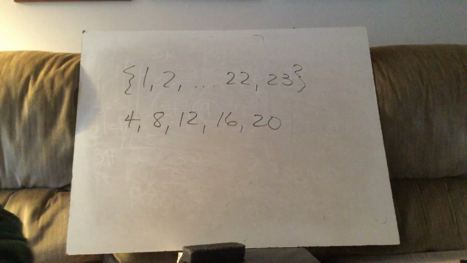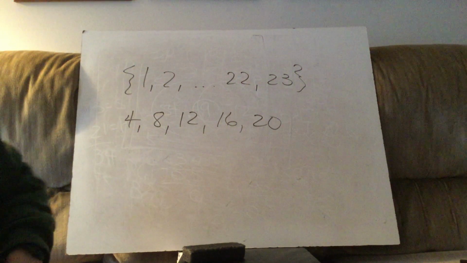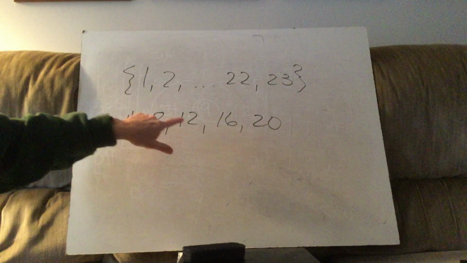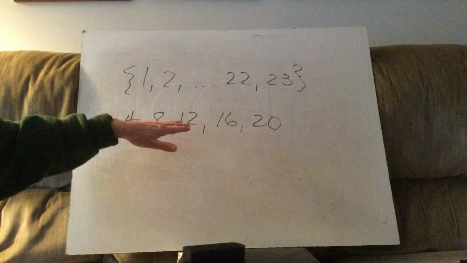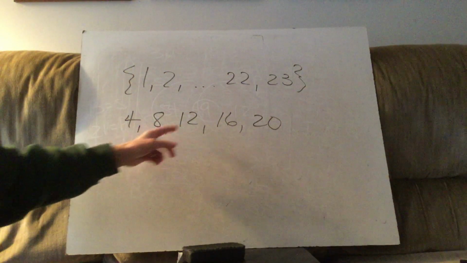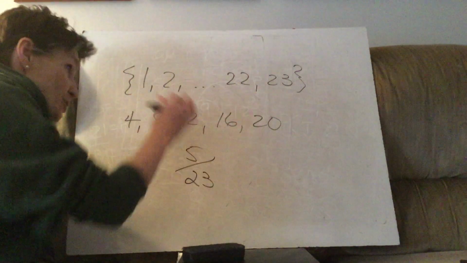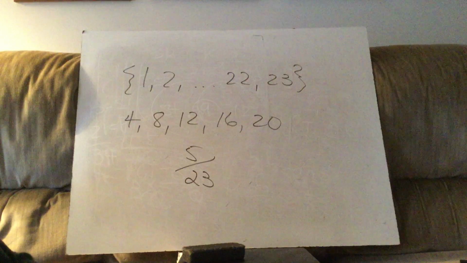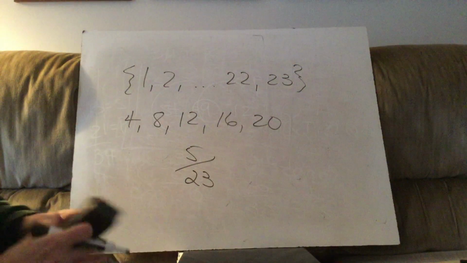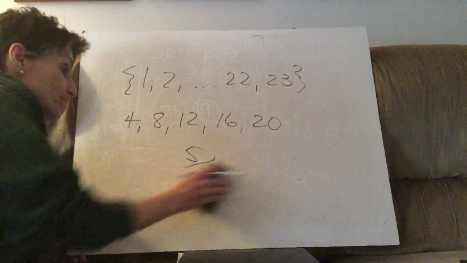Remember, if you're a multiple of 4, it means 4 goes into you evenly. So 4 times 1, 4 times 2, 4 times 3, and so on. These are the multiples of 4. Well, how many are there? 1, 2, 3, 4, 5. So your probability is 5 out of 23. There's 23 numbers altogether, and there's 5 of them that are the kind that you want, a multiple of 4.